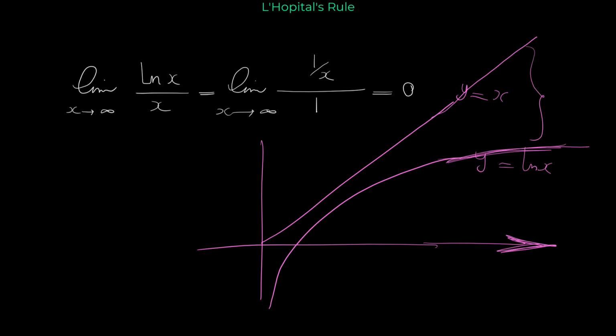The difference between them, x minus ln of x, is this distance. When we go far to the right, this distance between them grows very fast, and so the limit is infinity.